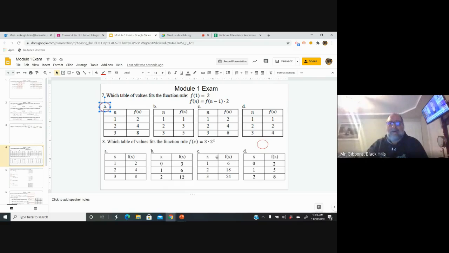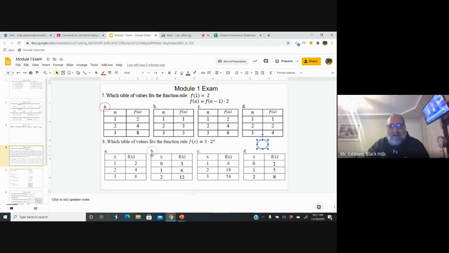Now, I think about this. Okay, that 3 is the A in the general formula, and that's my initial output. So I'm looking for the first point in my table to simply be x is 0 and f of x is 3. You guys, look at B. X is 0, f of x is 3. It has to be right there.